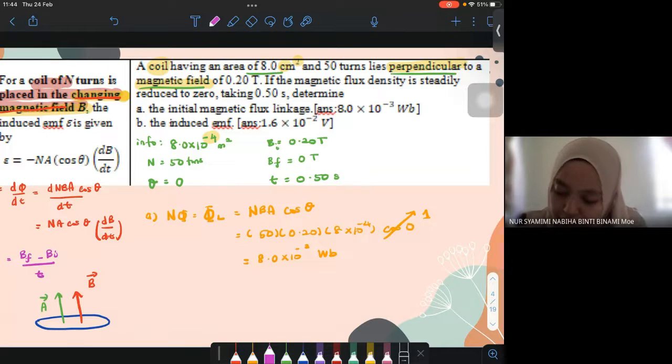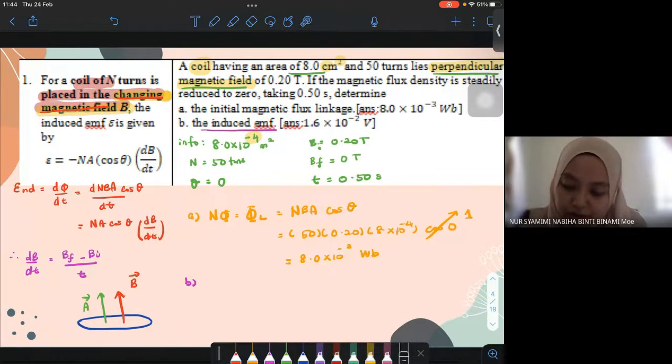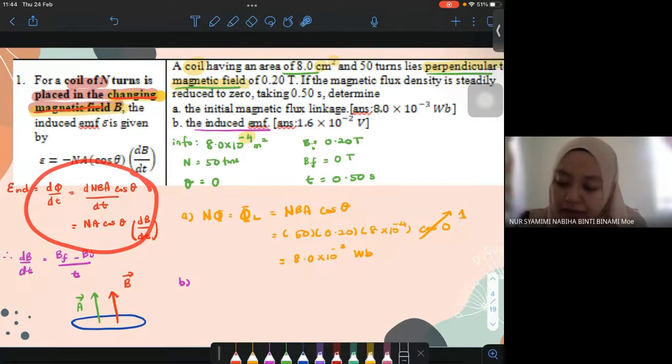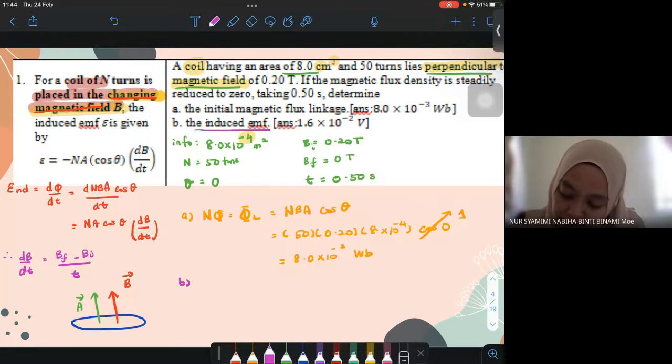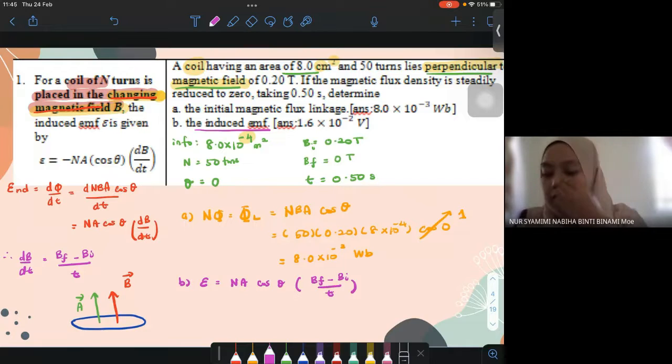And now we go to B. B dia tanya the induced EMF. So induced EMF, we are using this formula here sebab B yang berubah. So we know that E induced is equals to NA cos theta, B final minus B initial over time.